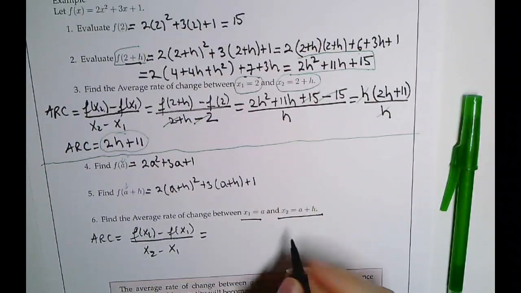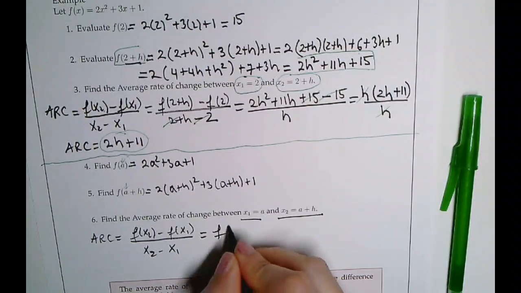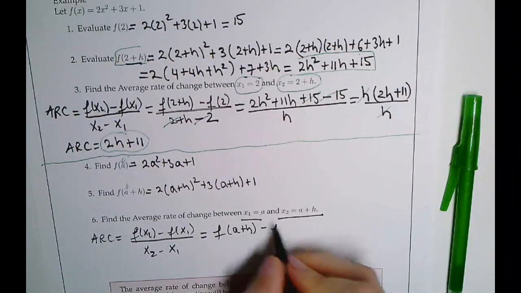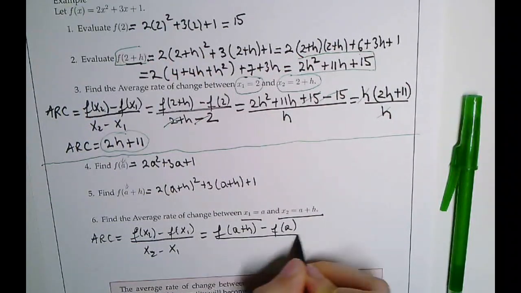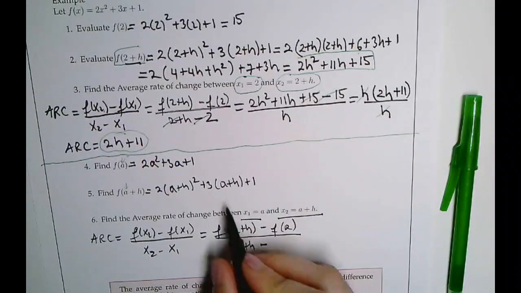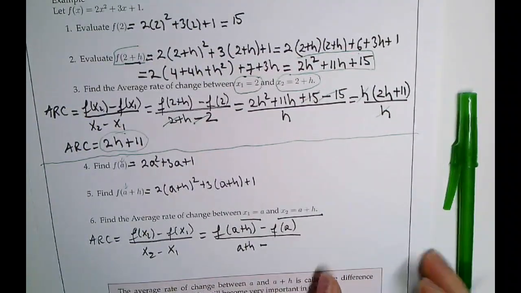And then f of x2 is basically f of a plus h, minus f of x1, which is just f of a, over x2, which is a plus h, minus x1, which is a.